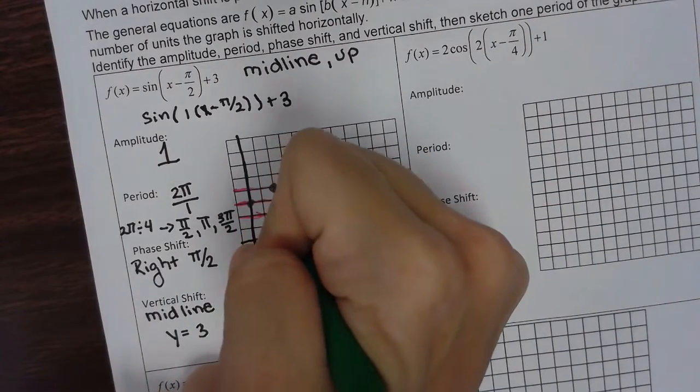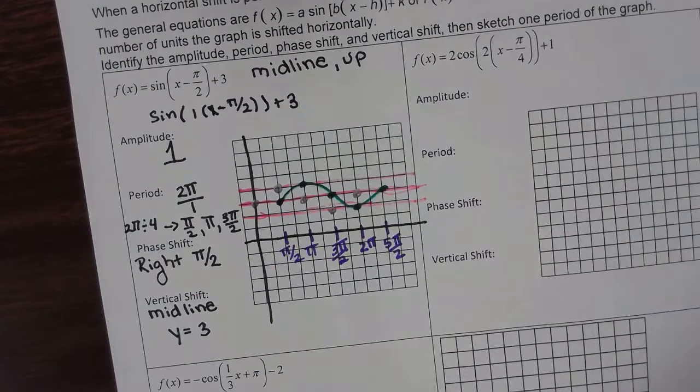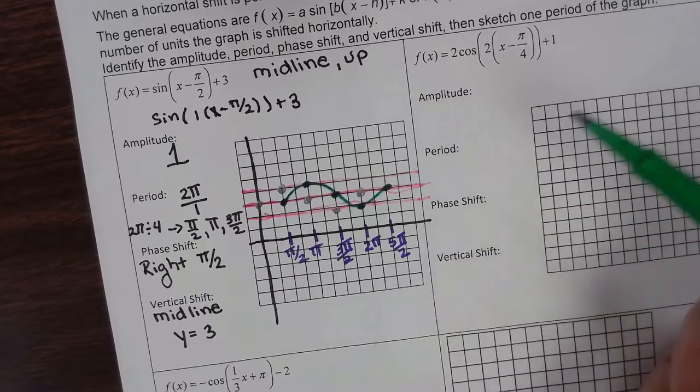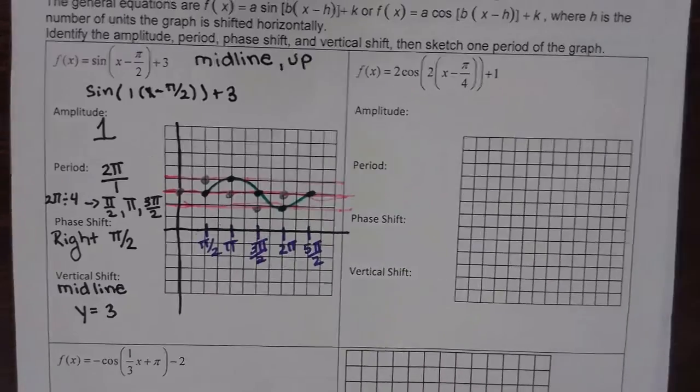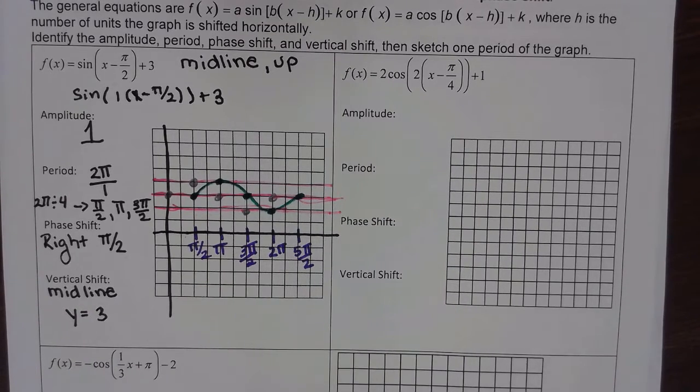So now that phase shift, it is up to you whether you're going to draw that first set of points and then the phase shift. I'll leave that up to you. I won't take credit off if you do not do that.